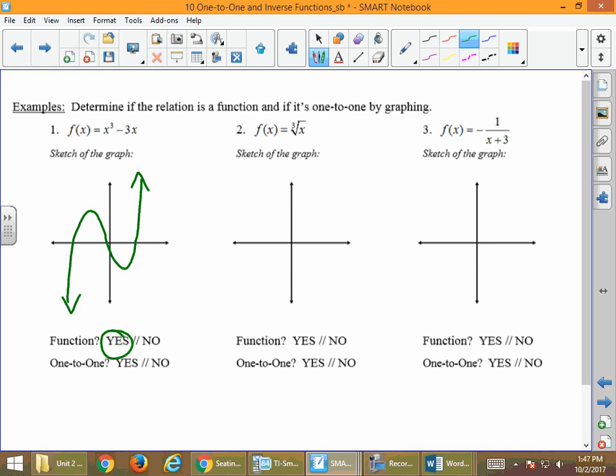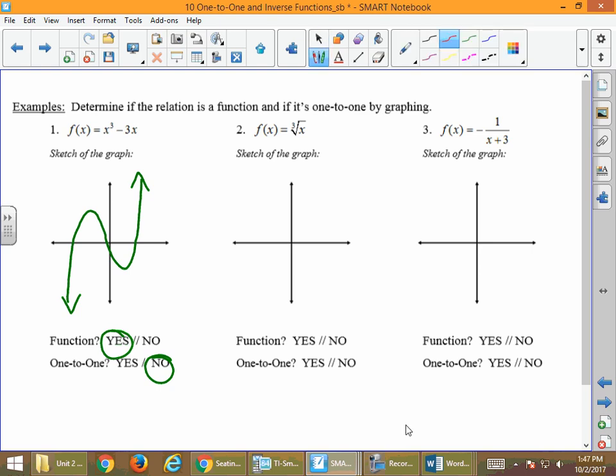Well, to determine whether something's one-to-one, we use the horizontal line test. Again, I don't want to graffiti this up. But if we draw any horizontal line, will we ever cross the graph more than once? Yes, and because of that, it is not one-to-one. Vertical line to determine whether it's a function. Horizontal line to determine whether it's one-to-one.